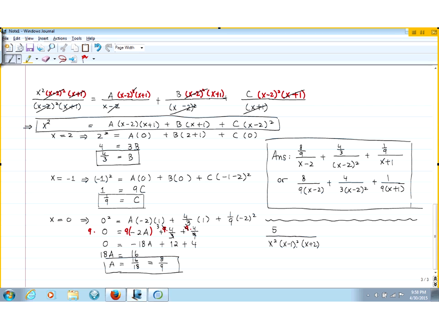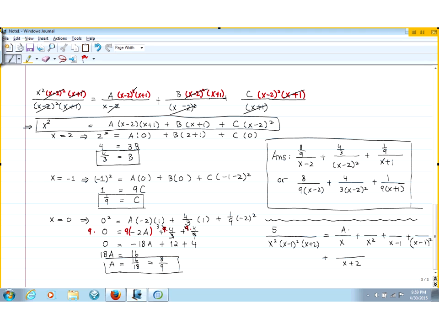But let's see, all these factors are linear, but the x is repeated, and the x minus 1 is also repeated. So I'm going to have x, and I'm going to have x squared, and I'm going to have x minus 1, and x minus 1 squared, and the last one is just x plus 2.